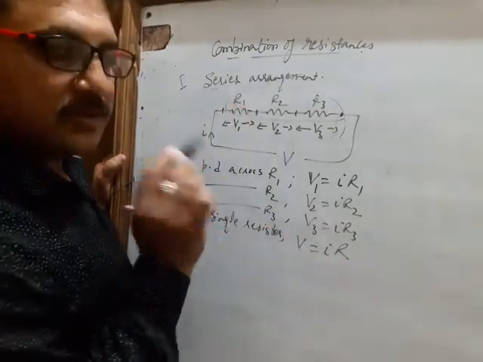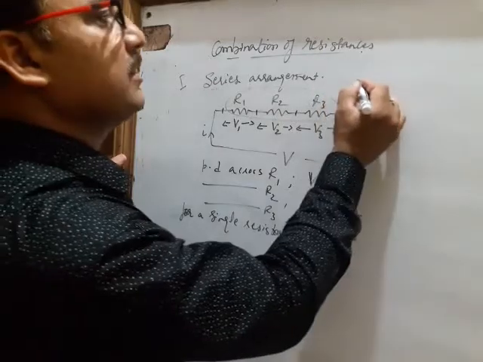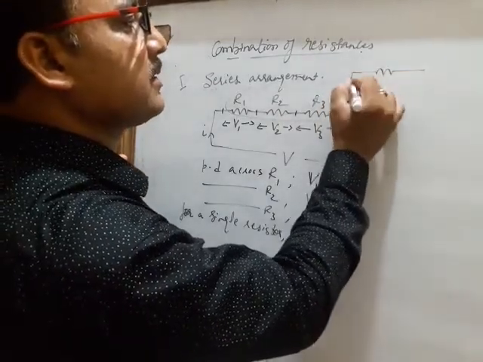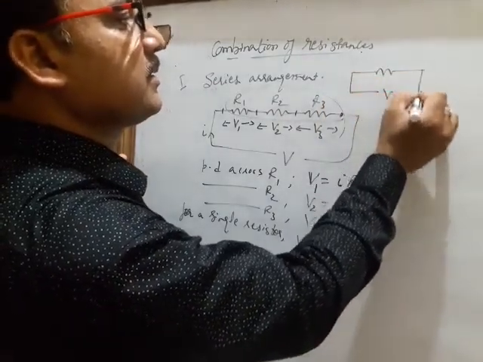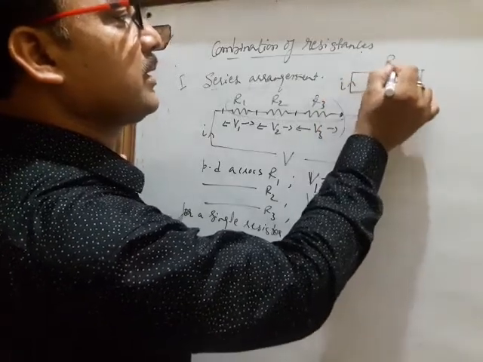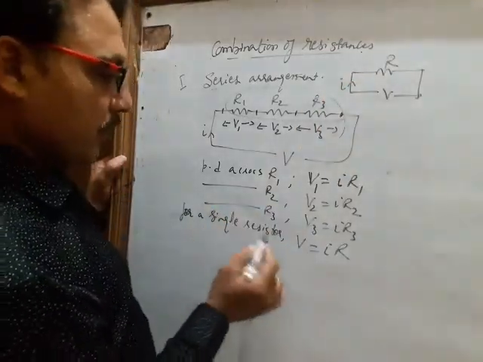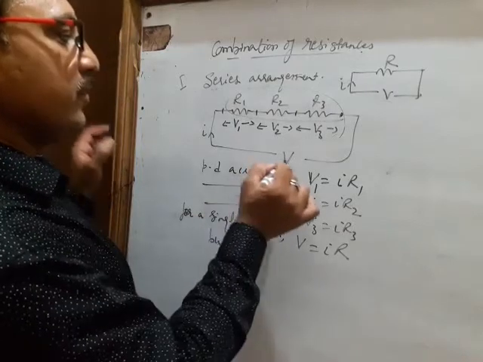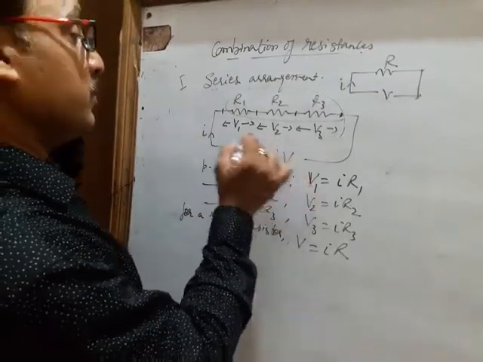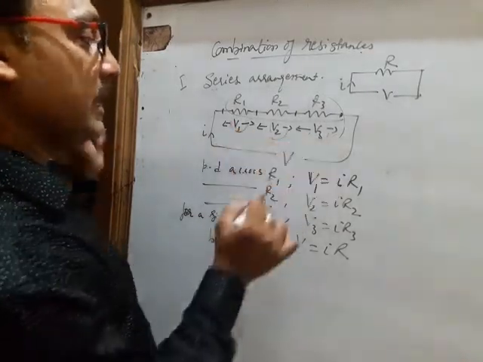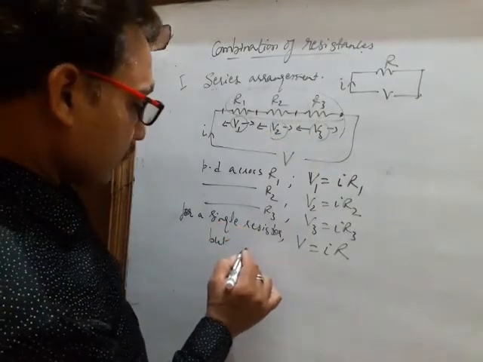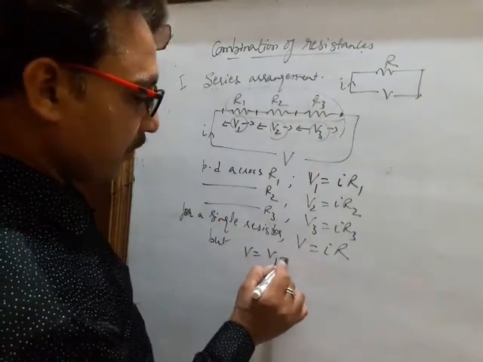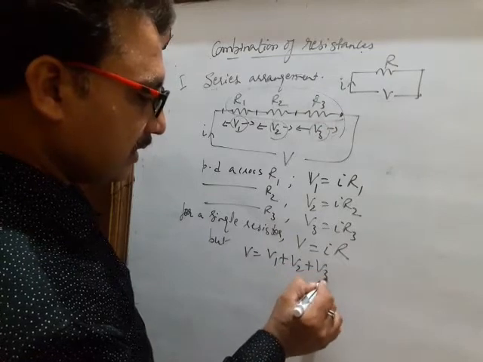The same current I is flowing through the resistor R. So V equal to IR. But V equal to V1 plus V2 plus V3.